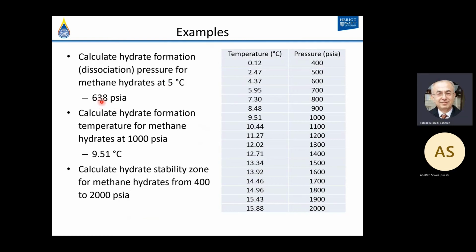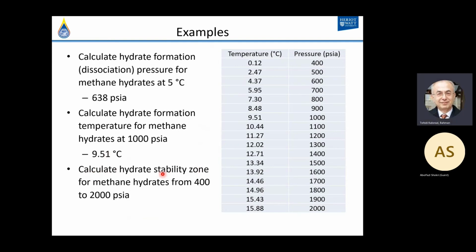It is 638, so we know that. Now here is calculating hydrate formation for methane hydrate at 1000 psi: 9.51.